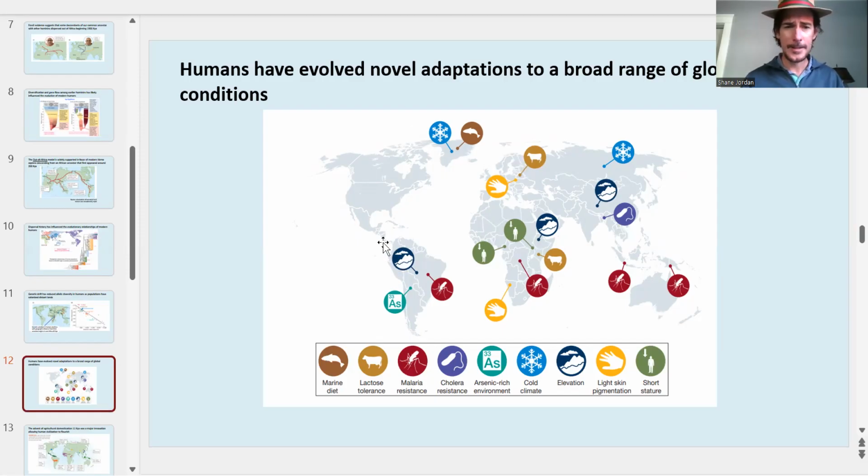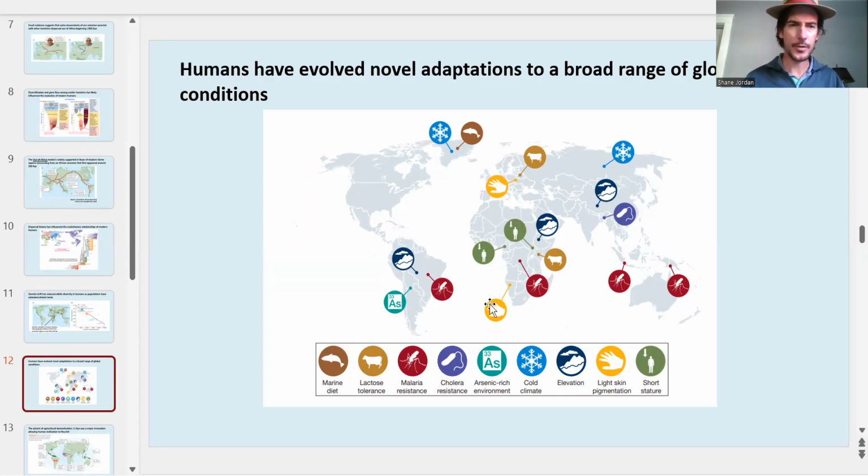For example, lactose tolerance in the pastoralist societies of Europe, which we'll look at in just a second in a little bit more detail. But lactose tolerance is an interesting trait that has arisen in areas where people have developed really intimate relationships with raising livestock. And that trait also tends to be correlated with light skin pigmentation in a higher latitude environment.